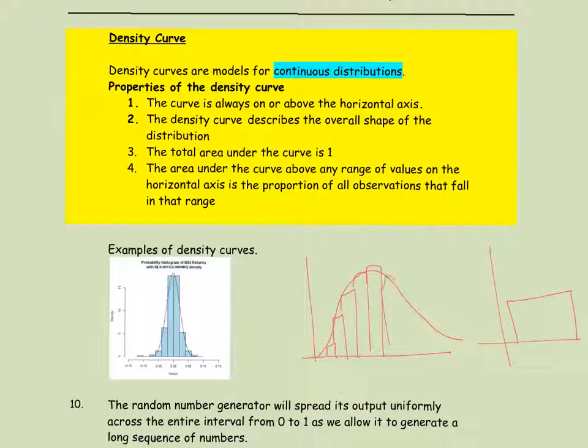So that is the probability density curve. The minute we call it the probability density curve, what we're going to assume is that the area under the curve is equal to 1. So the total area under the probability density curve is always equal to 1. That's the important thing to remember.